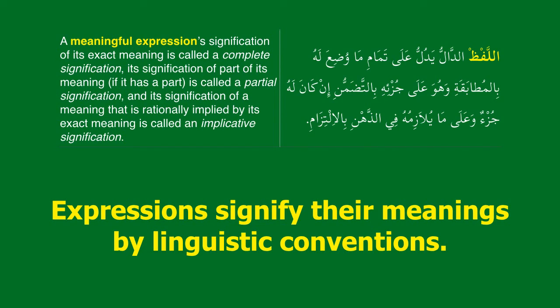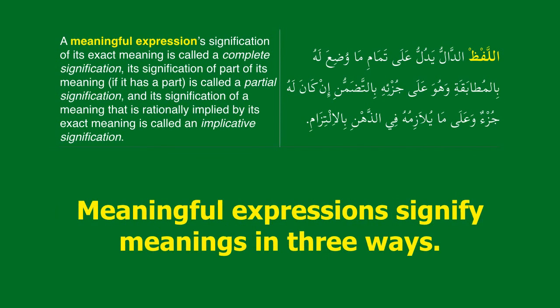How are these meanings understood? These meanings are understood by linguistic conventions. You need to understand the linguistic conventions of a particular group of people who speak a particular language in order to understand this signification. So expressions signify their meanings by linguistic conventions.